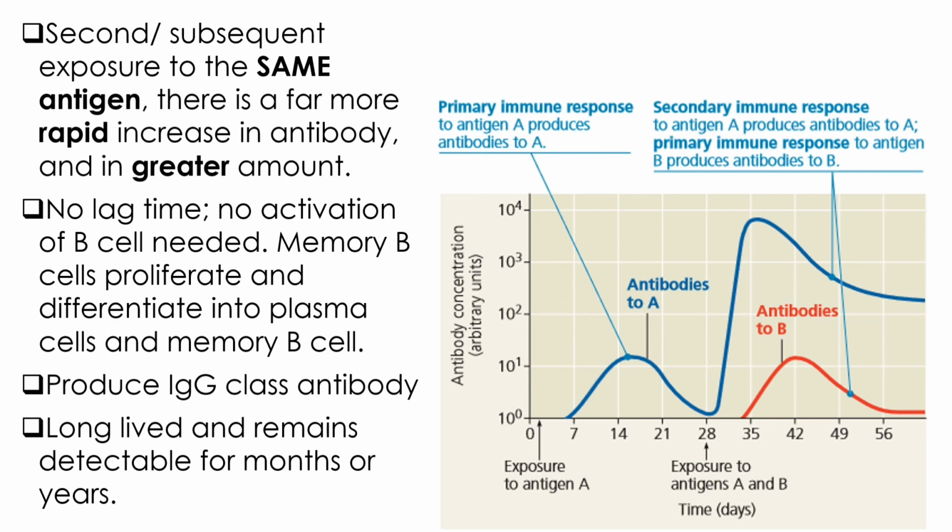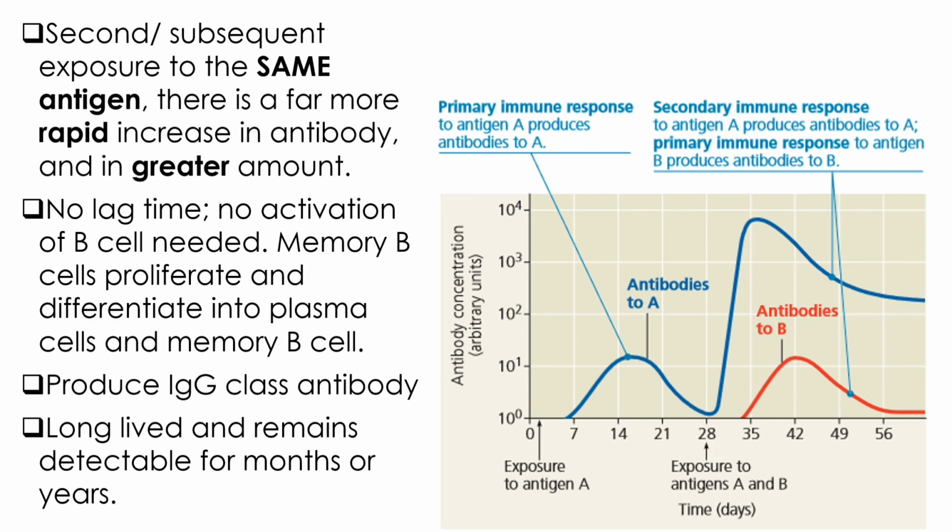This means that every time our body encounters an antigen for the first time, it will produce a primary immune response. The secondary response will only occur if our body encounters the same antigen for the second or subsequent time in the future.